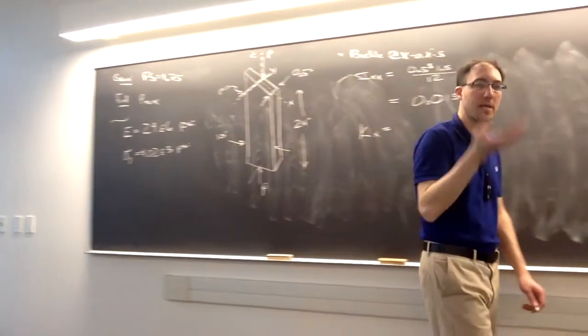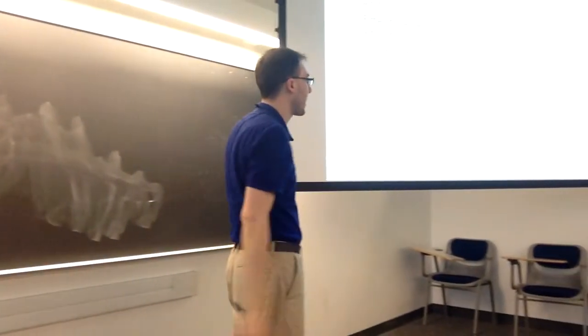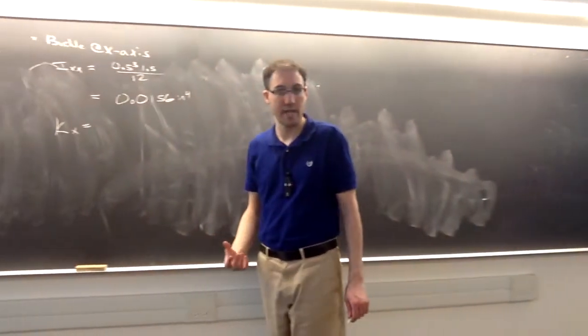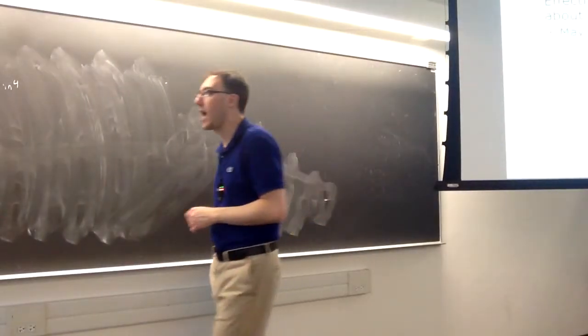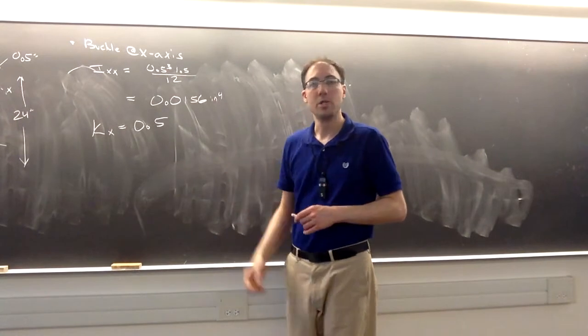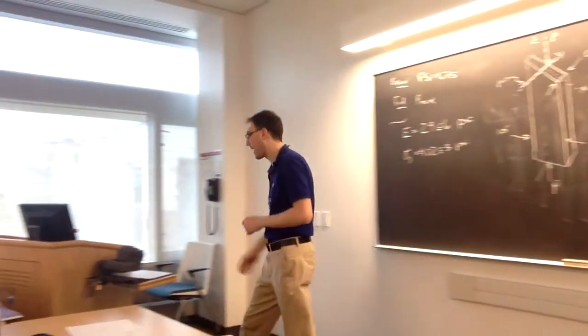So in this case, because it's fixed at the top, fixed at the bottom, we have fixed ends, which in this picture is c. So that k value is 0.5. Effectively, it halves the length of our column. So we have the k value, we have the I value. Those are what are going to change between the two axes that we're considering. So we want to see what load it would take to buckle around the x-axis.